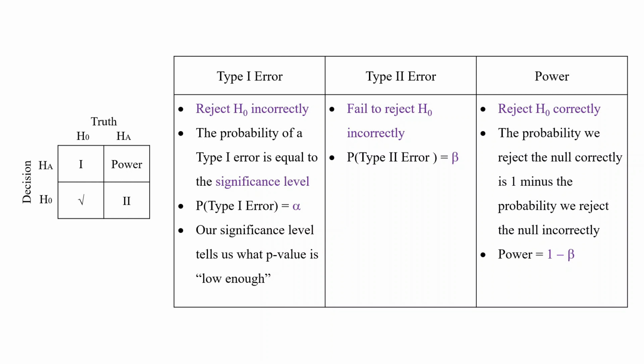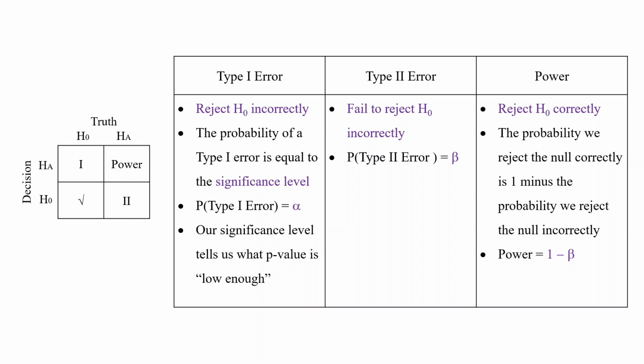Okay. Power is not a probability we are going to calculate by hand. In order to calculate it, nowadays we just use statistical software, but power is a probability, and it is something you want to be able to interpret. Okay, it's the probability we reject the null correctly.